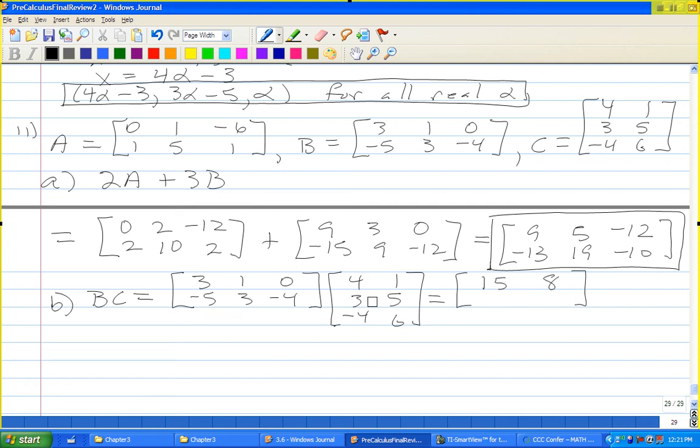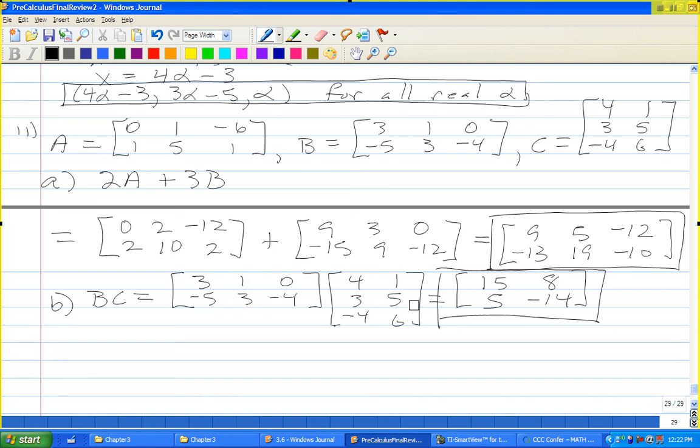Negative 20 plus 9 plus 16. So 16 plus 9 is 25, minus 20 is 5. Minus 5 plus 15, 10, minus 24, minus 14. And that is your answer.